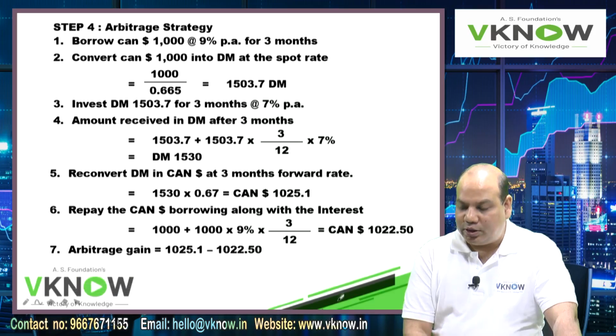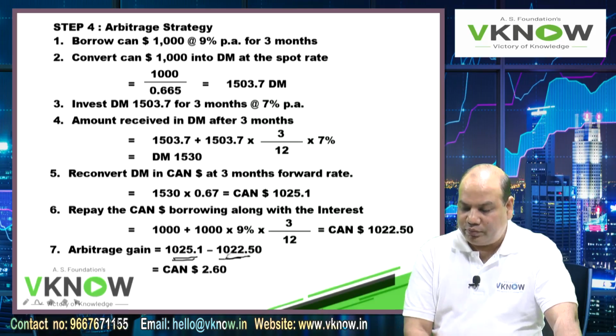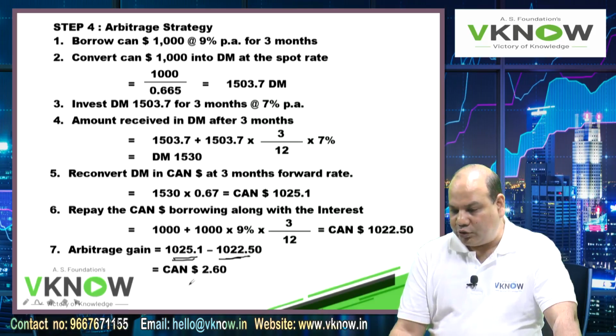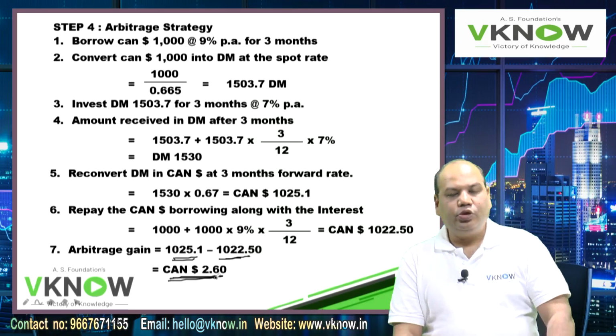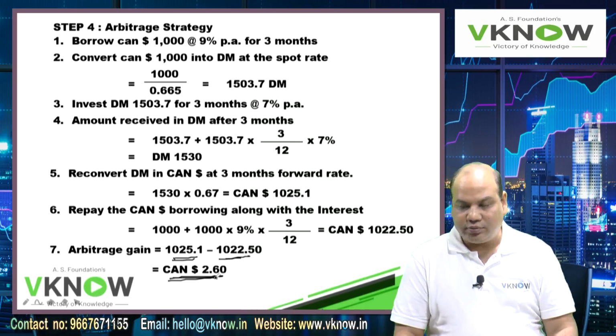That is my arbitrage gain. So write down: arbitrage gain equal to 1025.1 minus 1022.50. Take your calculator. So for every 1000 Canadian dollar you borrow, you will make an arbitrage gain of 2.60 Canadian dollar.